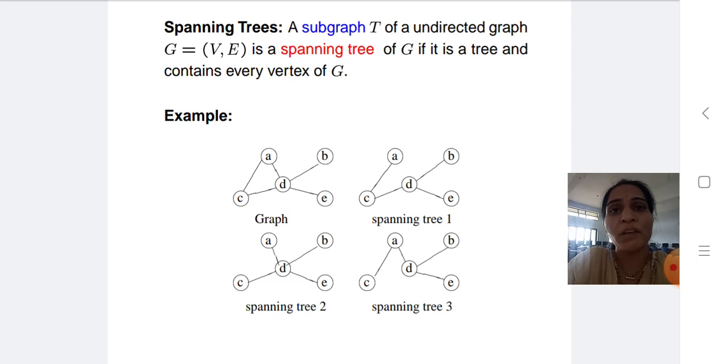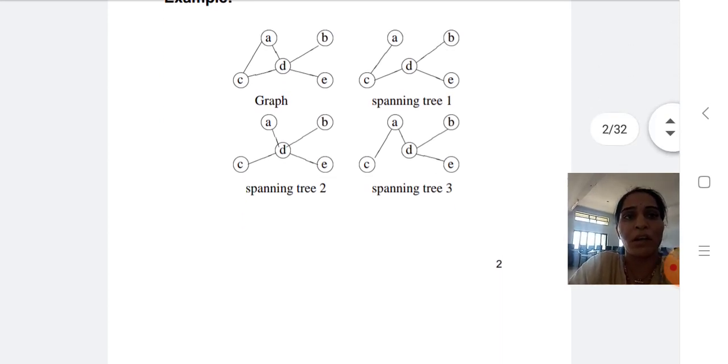Then again spanning tree 2 is formed by A, D, C, and from D, B and E are also branches. This is another type of spanning tree. And the third spanning tree is C, A, D, E, B. Okay, these are the three spanning trees which are generated from the given graph.